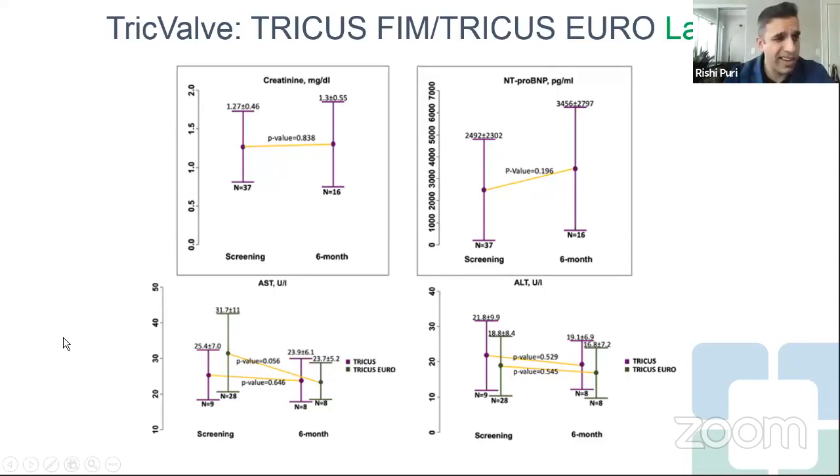Most of the patients have no change in their creatinine. We do see perhaps a trend towards a slight increase in NT-proBNP, but nothing alarming at this point in time. When we look at some of the hepatic markers, such as transaminases, we start to see some evidence of decongestion, which we'd expect and is encouraging.